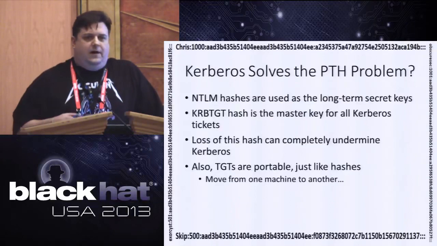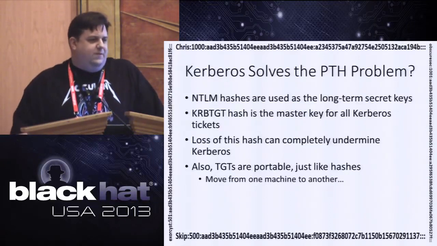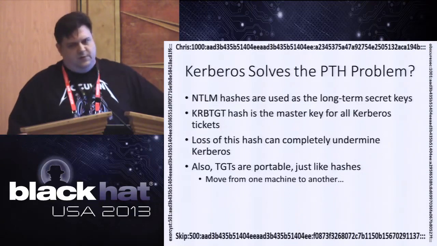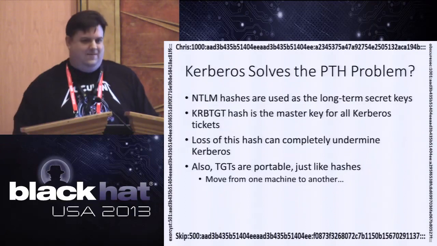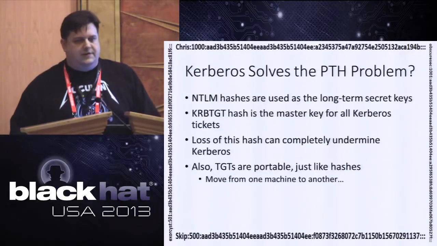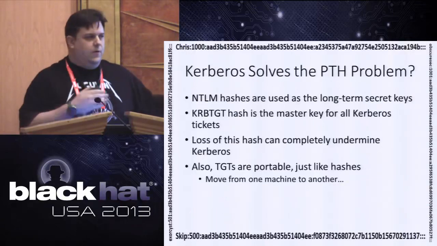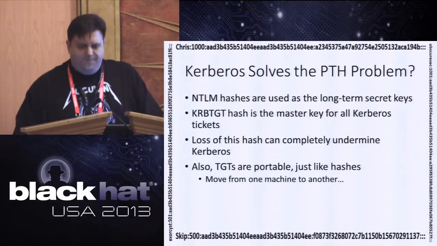They talked about how TGTs were relatively portable, and some other stuff that was specific to Kerberos 4 at the time, but a lot of these problems are still around today. And in our white paper, we actually link to the thing. It's just a fascinating read because literally you could just substitute Windows for Unix here and there, and the paper reads very cleanly.